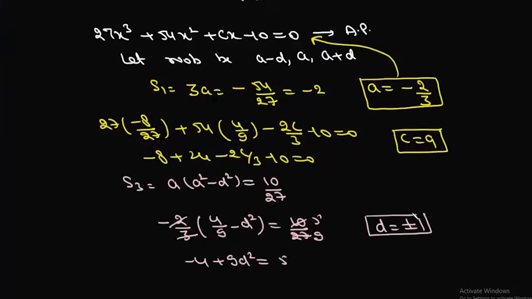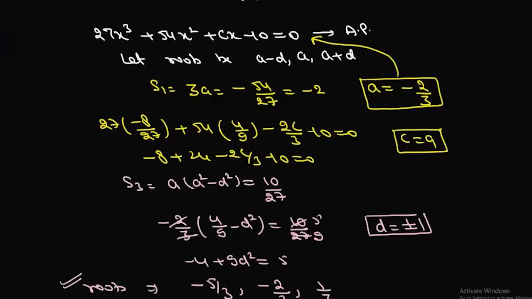Now the roots are a minus d, and a plus d. So roots of this equation, they will be a minus d. So there will be minus 2 by 3 minus 1. So there will be minus 5 by 3, and then a, and then a plus d, which is 1 by 3. But these are roots of the equation whose roots are reciprocal to the roots of given equation.